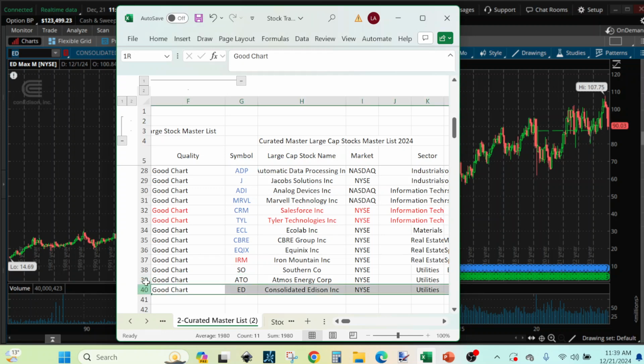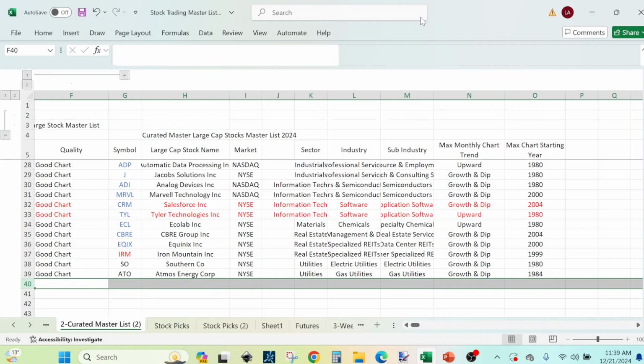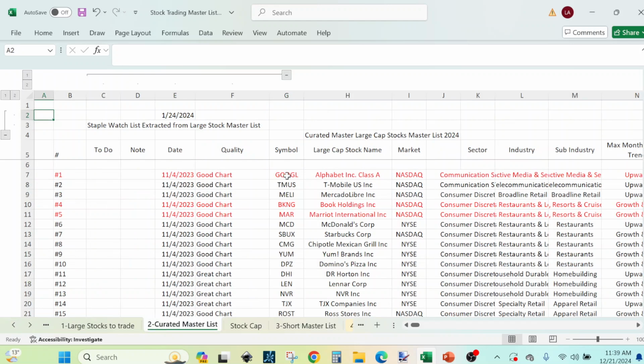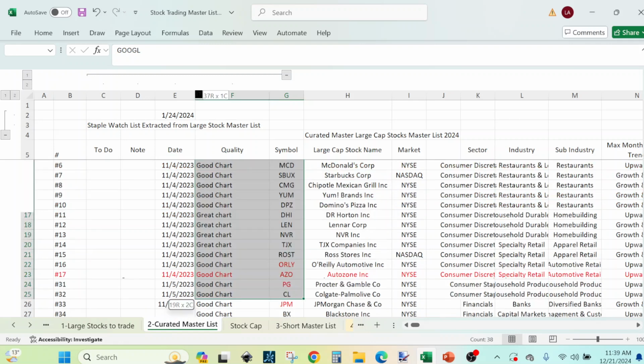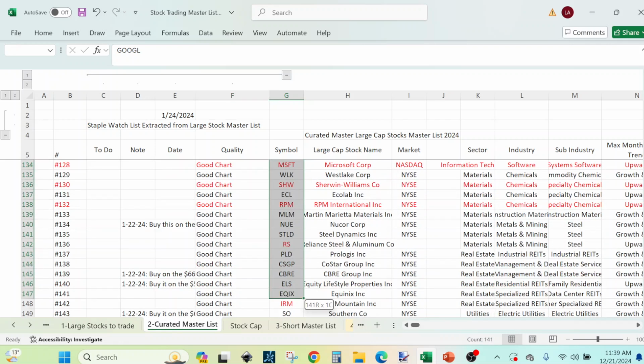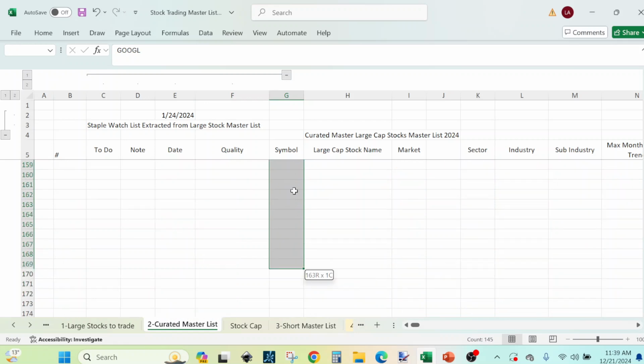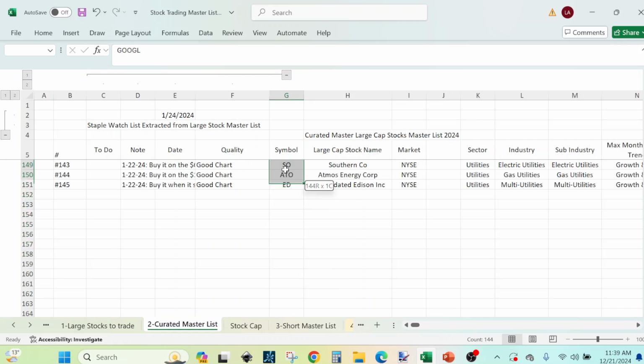So this concludes our first elimination process to shorten our 145 large cap upward stocks that are good for me for swing trading.